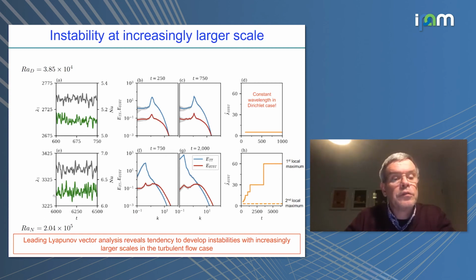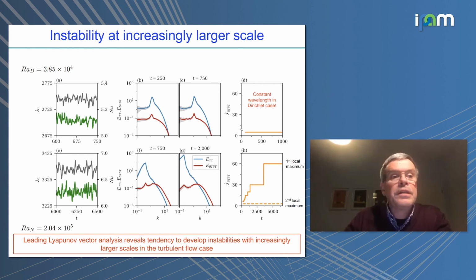in this flow. They are fluctuating as you can see here. And then we are taking spectra of the temperature and of the component of the leading Lyapunov vector. These are the red spectra, and we are looking at the first local maximum in the spectrum, the first peak when we are coming from the left.